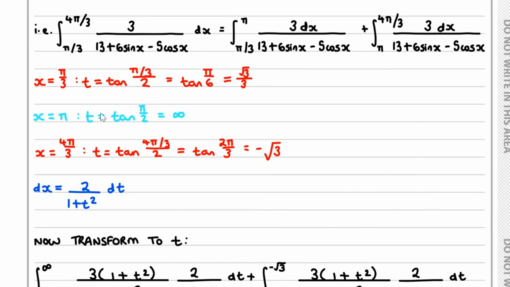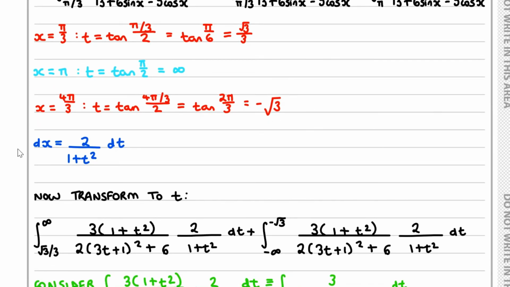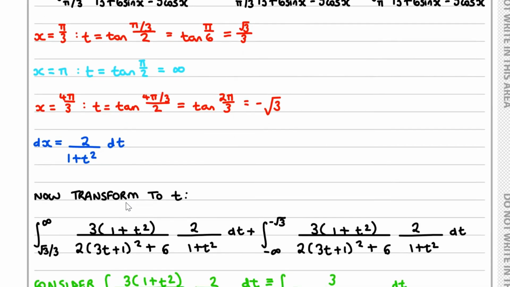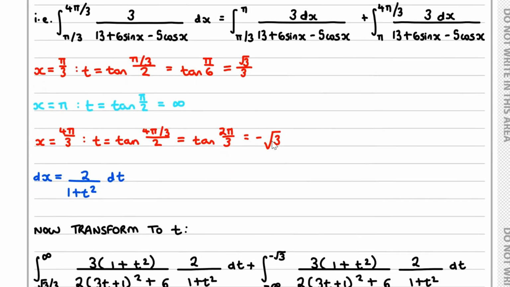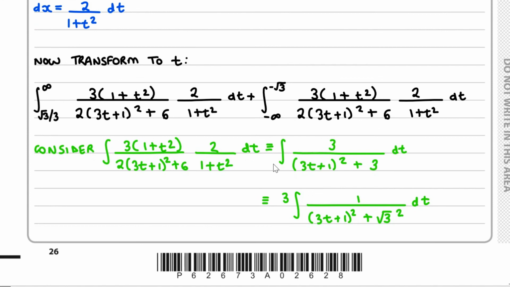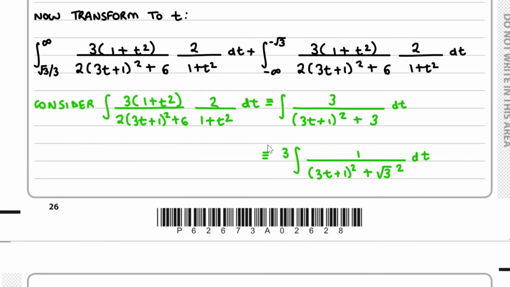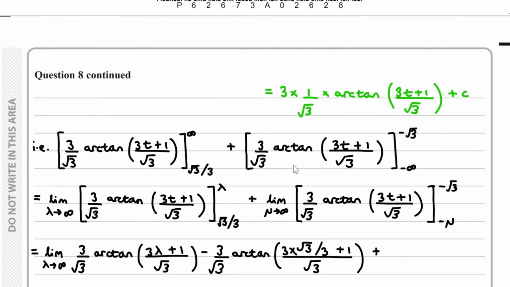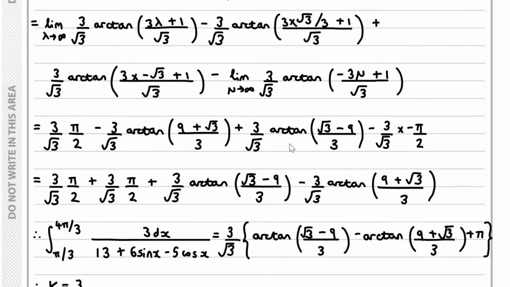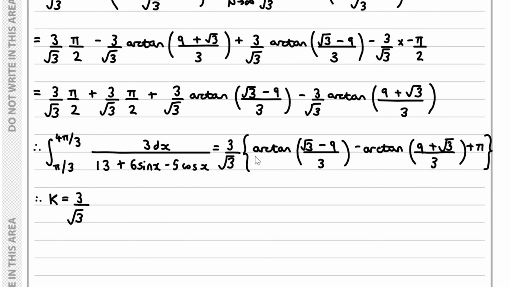And then, of course, when x is equal to pi, we'd have t being infinity. And then we found out what dx was, and then we transformed this integral to t limits, as we saw here. We worked the bit in green out to simplify the problem a bit, and then we worked out the improper integral, and the result was as we see here. So quite a difficult question, but hopefully you've understood what's going on.